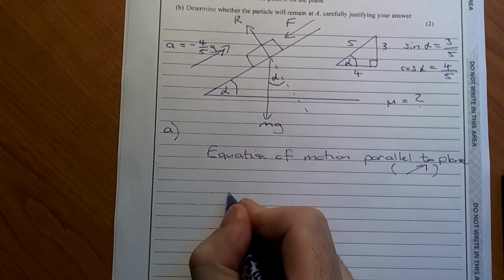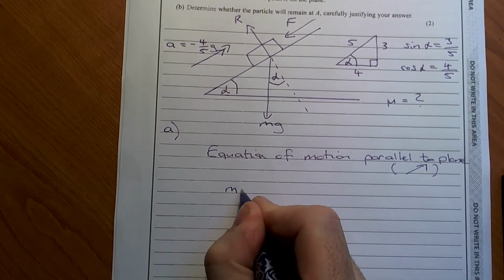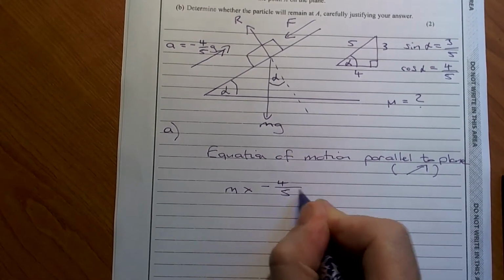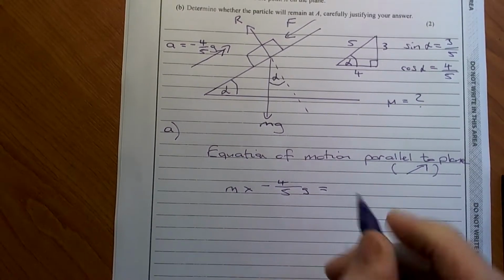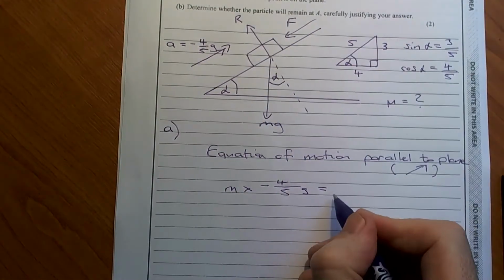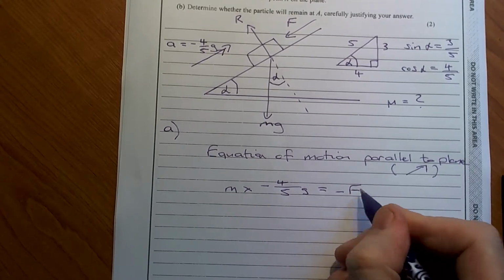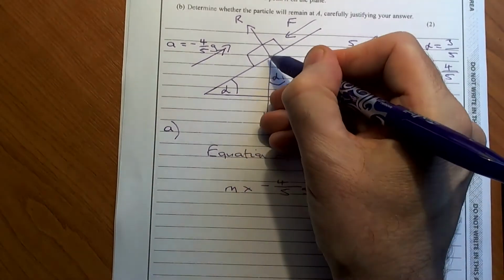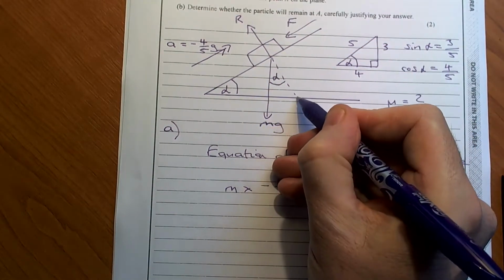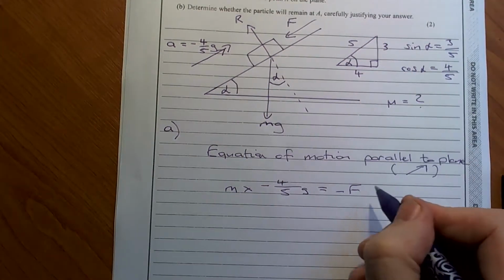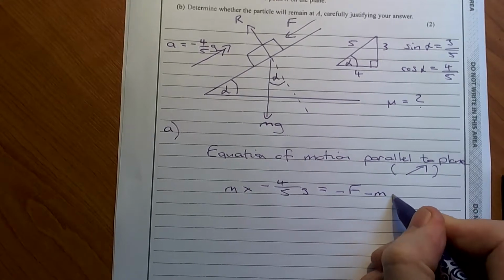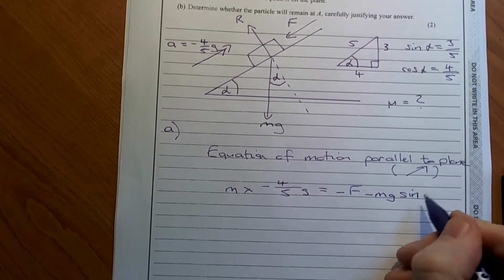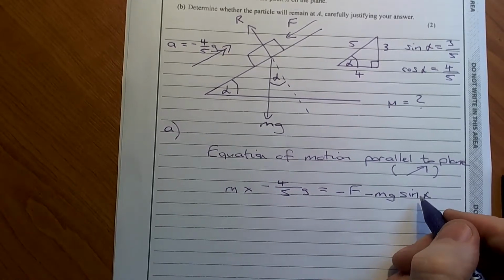So we've got mass, which is m, times our acceleration is minus 4/5 g, equals, we've got that force F, it's opposite our motion, so that's minus F. And then we've also got this force here. Now, coming down here, it's opposite that there, so it's going to be minus mg, which is the weight down, and it's opposite there, so it's going to be sine alpha.